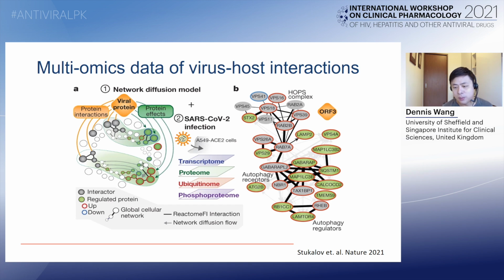So this group in Munich collected multi-omic data from the host cell and the viral proteins to study this interaction, and then used algorithms to map out these relationships between proteins. So drawing out this network of proteins and describing the relationships of proteins in a host cell that regulate outcomes when there's viral infection and infiltration of viral proteins.